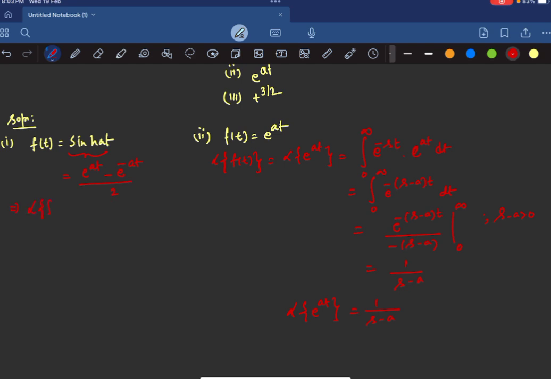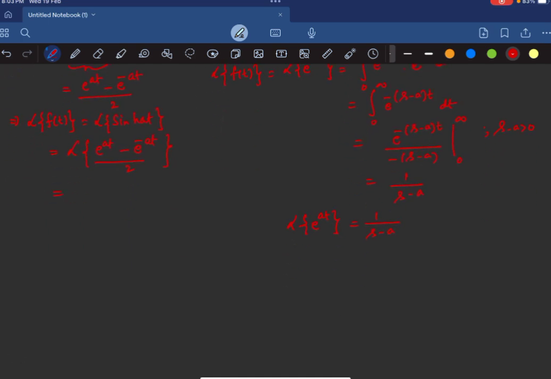So the Laplace transform of f(t), that is the Laplace transform of sine hyperbolic at, where we can use this formula, (e power at minus e power minus at) by 2. Now we can apply the linearity property. By the linearity property, we have half times the Laplace transform of e power at minus the Laplace transform of e power minus at.